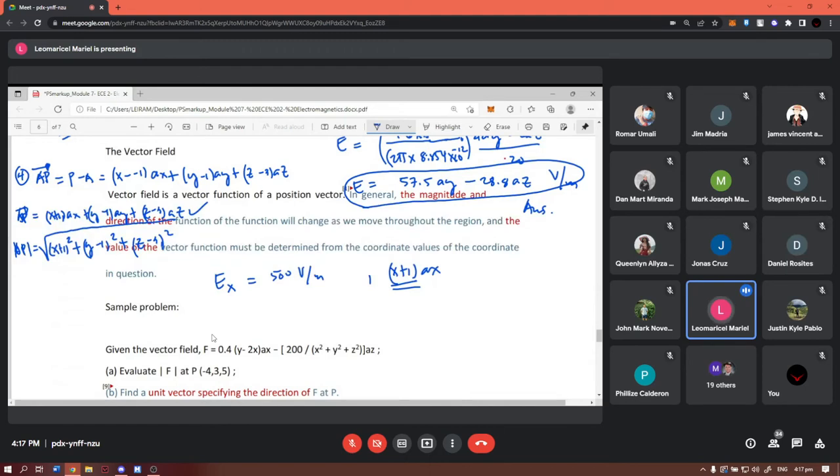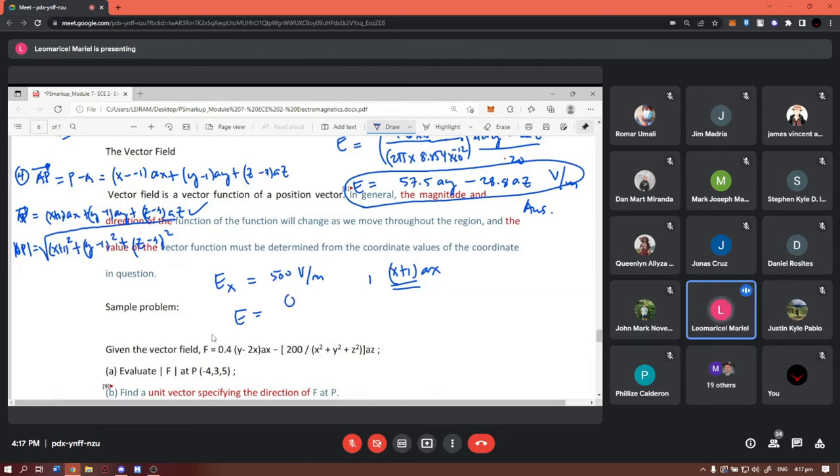So ano lang makikita nating component ng AX? So that is X plus 1 lang. Kasi nilinaw sa problem na the electric field intensity along X component lang will be 500 volts per meter.